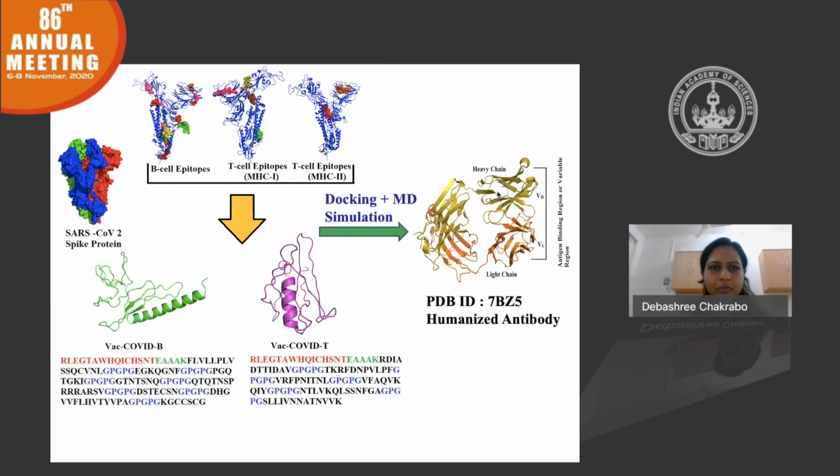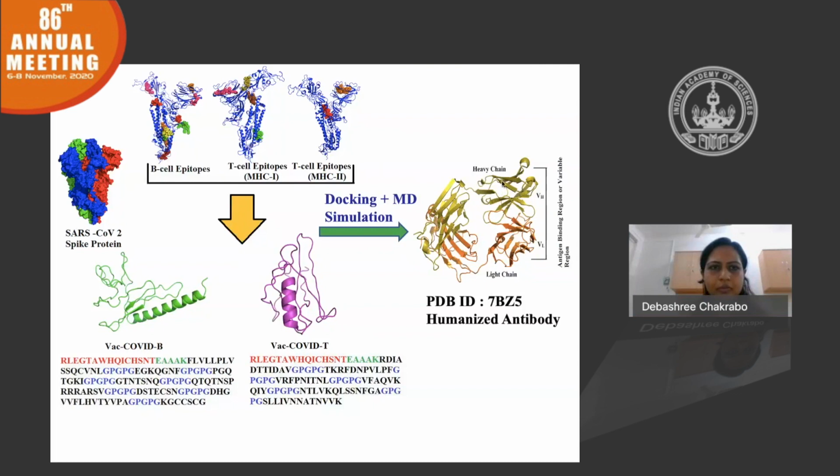Epitopes are the regions in the antigen where the antibody binds. B cells and T cells are known to be the cells which activate the defense mechanism in the human body. We identified these epitopes and designed the vaccine. This is the vaccine picture you can see in the lower pictures.